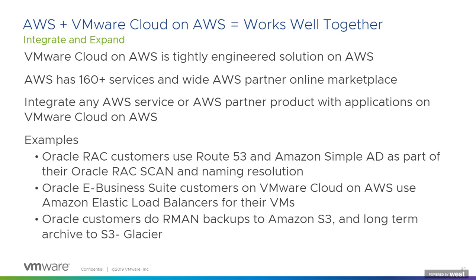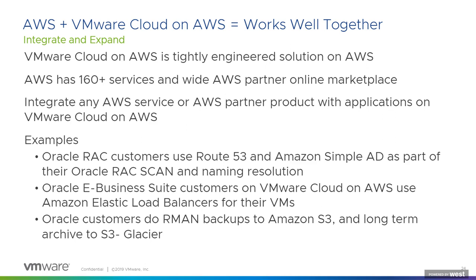So if you're running any workload on VMware, whether it's an Oracle database, a tech stack like Oracle WebLogic and WebCenter, or even business critical applications like E-Business Suite, PeopleSoft, and Hyperion, you have access to the same level of services for these workloads. For example, Oracle RAC customers use Route 53 and Amazon Simple AD services as part of configuring their DNS resolution.